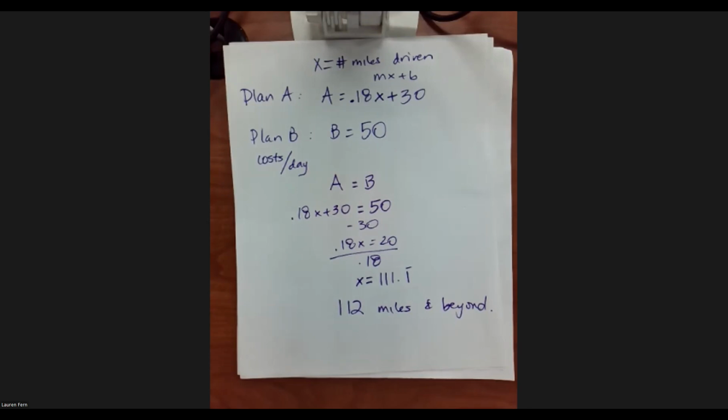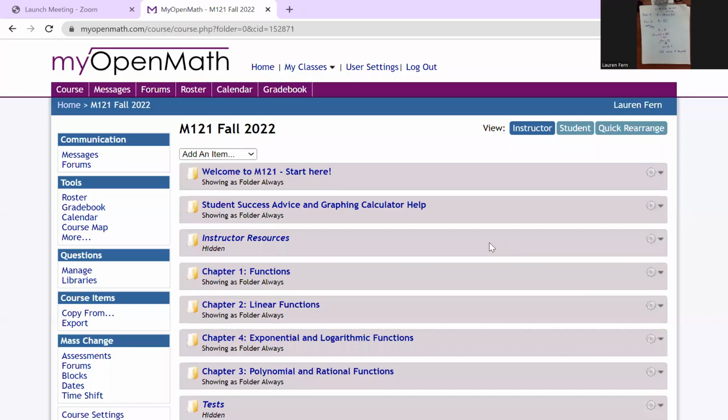So let me exit full screen. Let me go into the MyOpenMath. That would work the same for the variable in both lines, right? Yes.